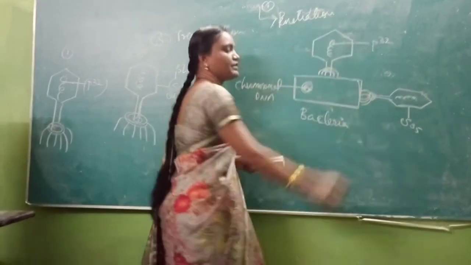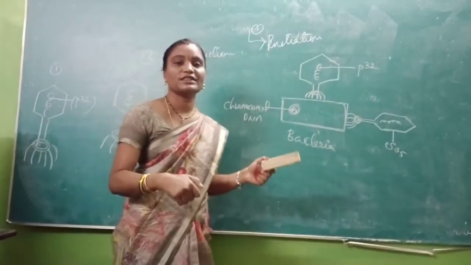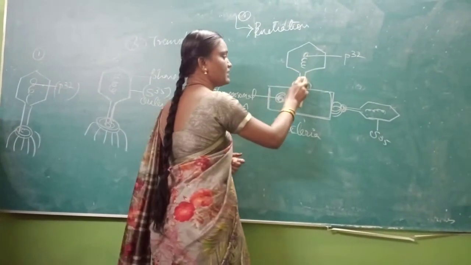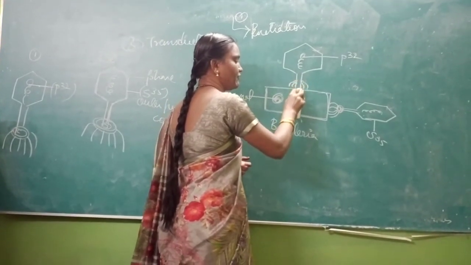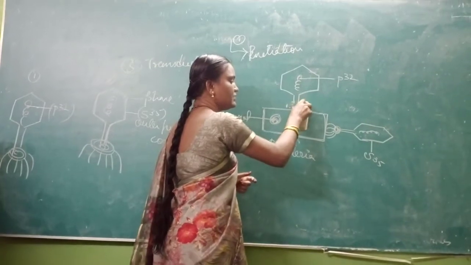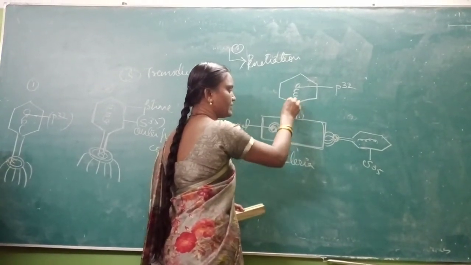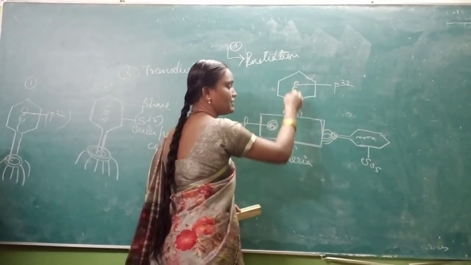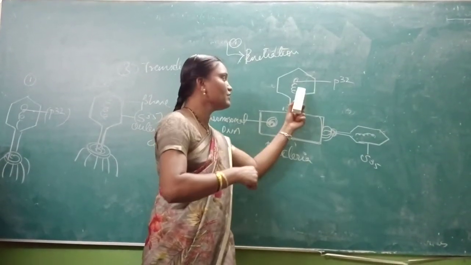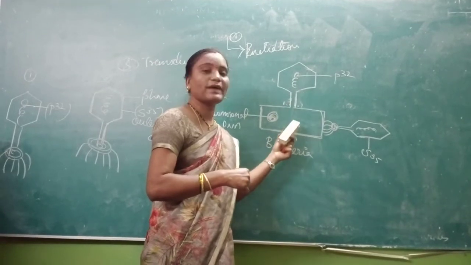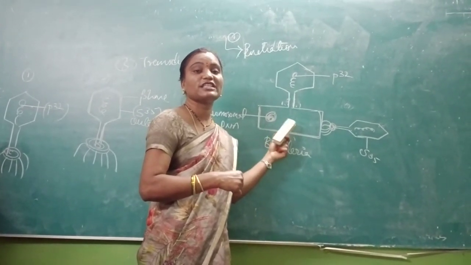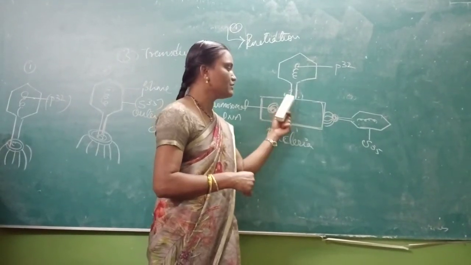Penetration is with the help of the spikes. Here, the phage DNA molecule is injected into the bacterial cell with the help of spring pressure, and the phage DNA is penetrated inside the bacterial cell.